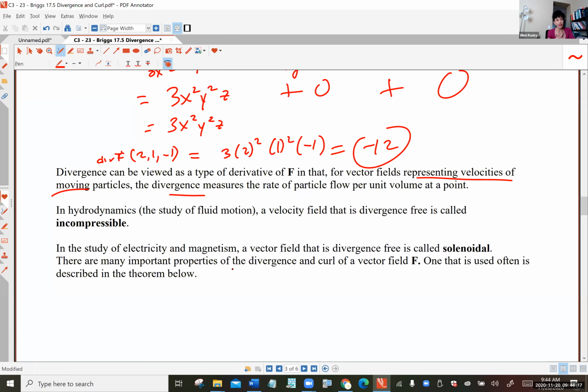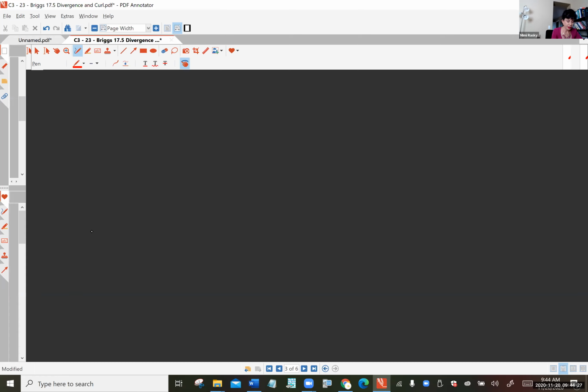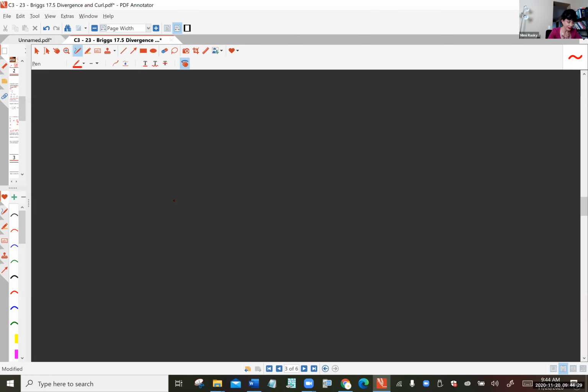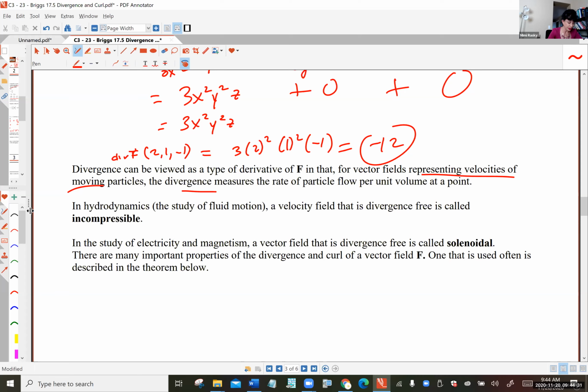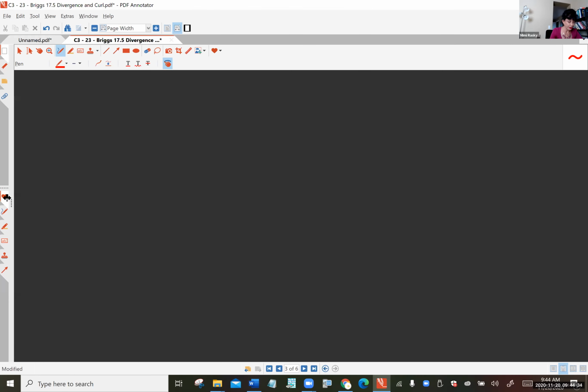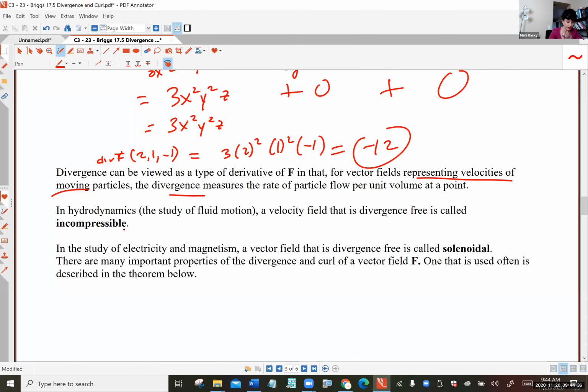It'll be positive. If it's going in the opposite direction, it'll be negative. If it's 0, well, it's divergence free. They call that incompressible. So that's some vocabulary for you. Now, if you're studying electricity and magnetism, and there are a lot of vector fields in that, magnetic fields, electric fields, a vector field that is divergence free has a special name. It's called solenoidal.